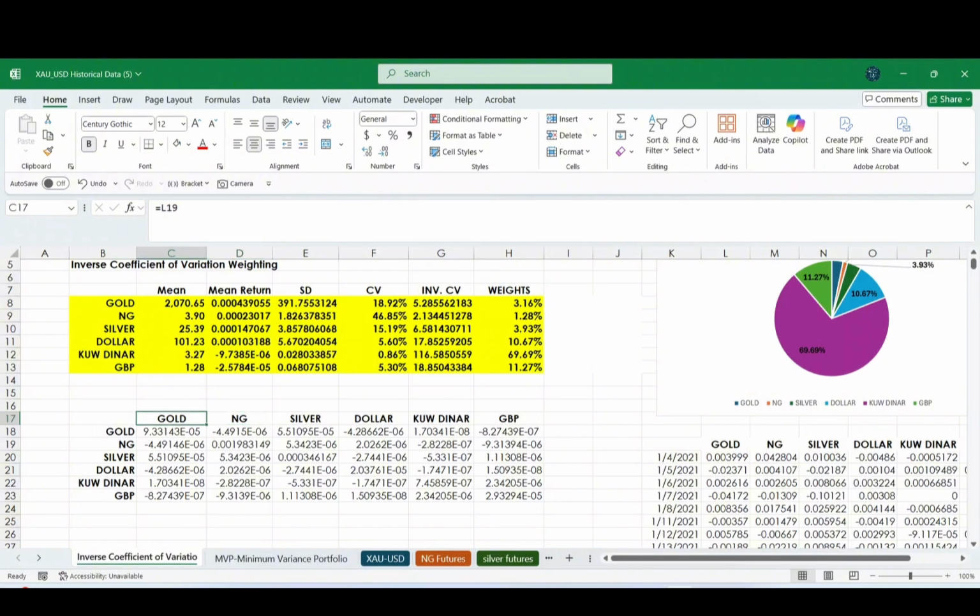So we compare gold against gold, gold against natural gas, gold against silver, gold against dollar, gold against Kuwait dinar, gold against GBP, and then natural gas against gold, and so on. So you have 36 different cells in the matrix.